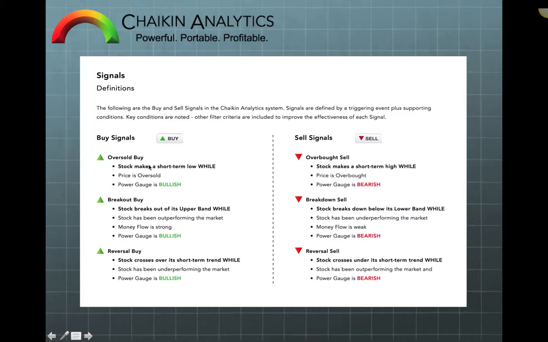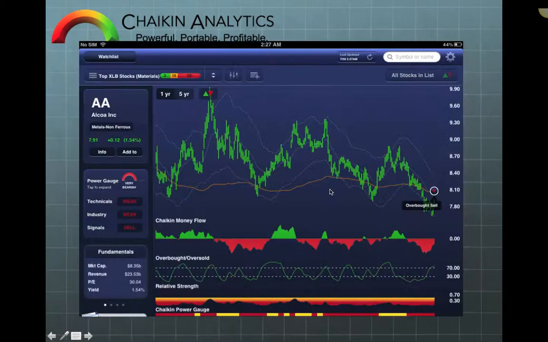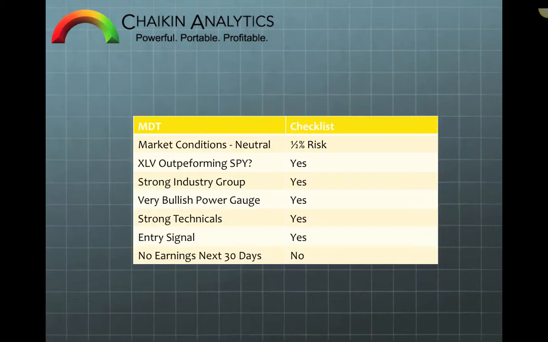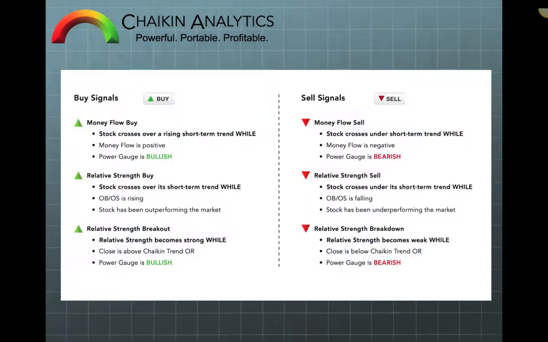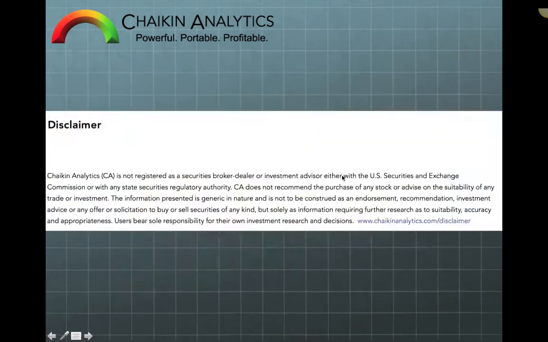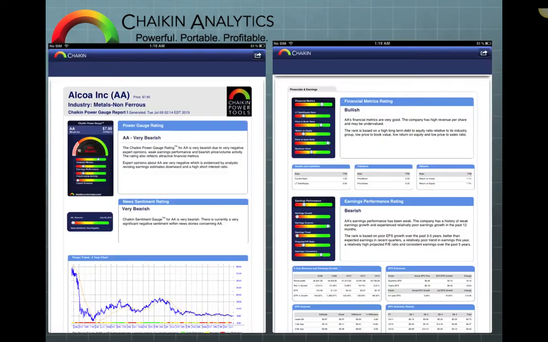The oversold buy, the overbought sell. There's another one here. I'll just show it to you because I think you care about it, and I do too. The other thing that I love is the money flow buy, the money flow sell, and the relative strength buy and the relative strength sell. Those are really the three trading signals that I use in my trading.